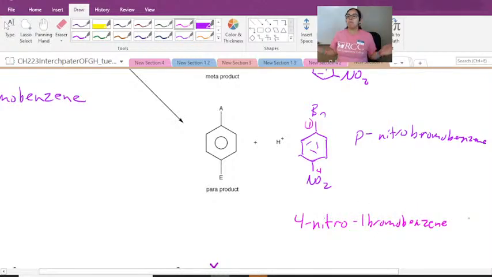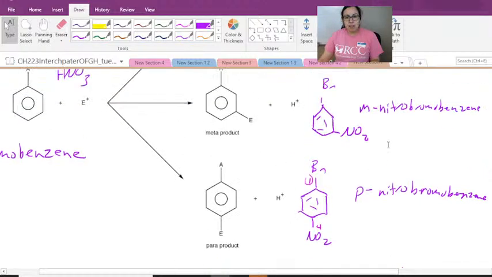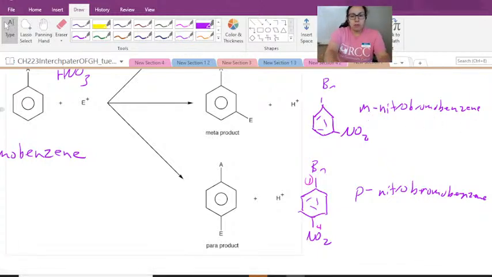It's just whatever bottle you happen to be looking at, same thing. Same with this one, 1, 2, 3, we could call it 3-nitro-1-bromobenzene. But you'll see all sorts of combinations.